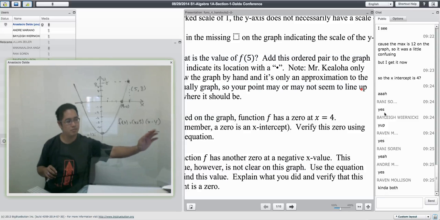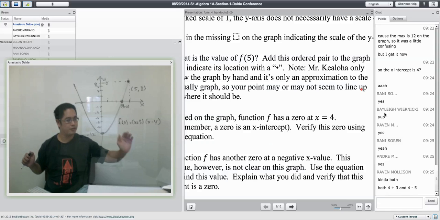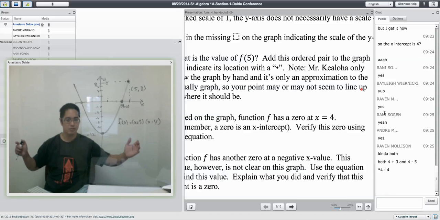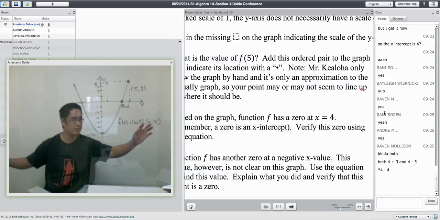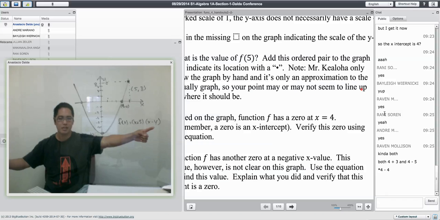I'm assuming that what you're saying is, you know that x equals 4, I was able to figure that out because of this part right here. Because this part right here was equal to 0, right? You've got the 4 plus 3, which is equal to 7, and that doesn't matter. But the 4 minus 4 gave me a 0 there. I like that.